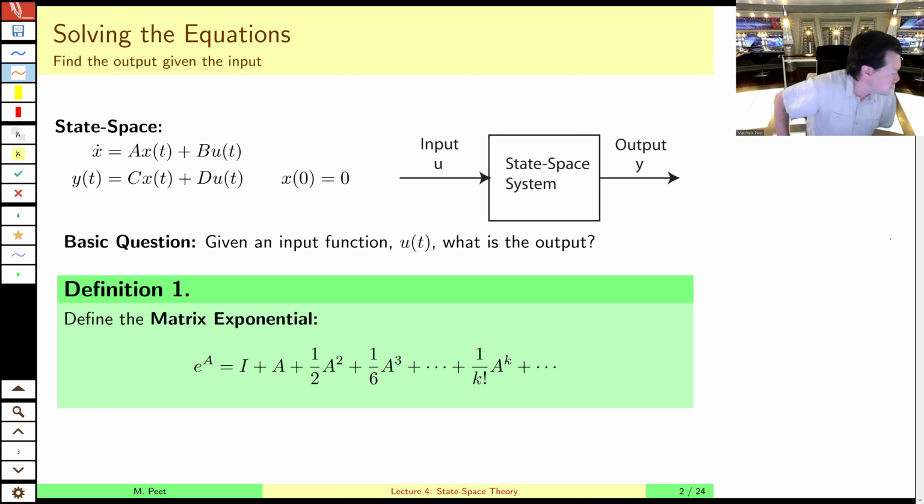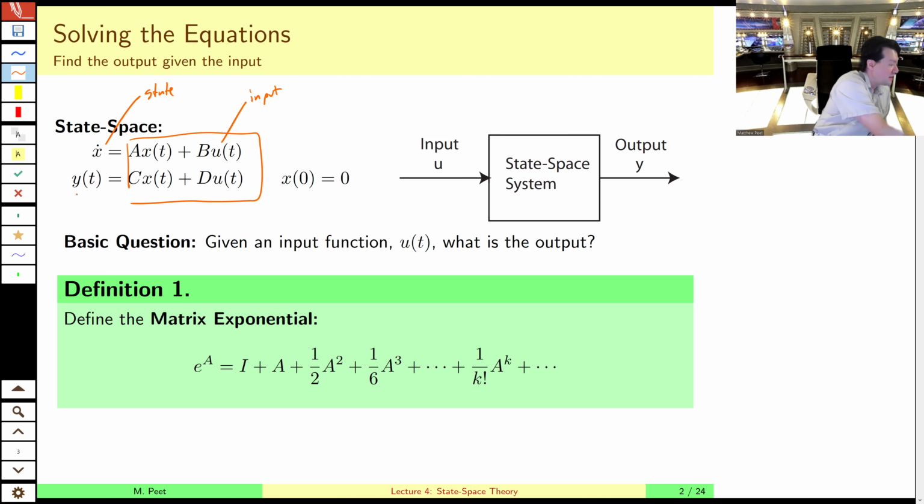So getting into the technical parts, we've got our state space model here, A, B, C, and D. We have a state, this is the state. An input, this is the input. And an output, which is y. Now in this lecture, we're going to just ignore these parts of the model, and we're just going to focus on this part right here for the moment.